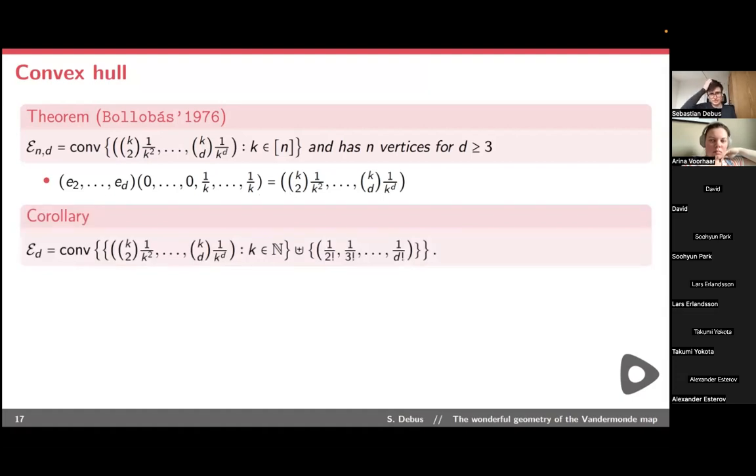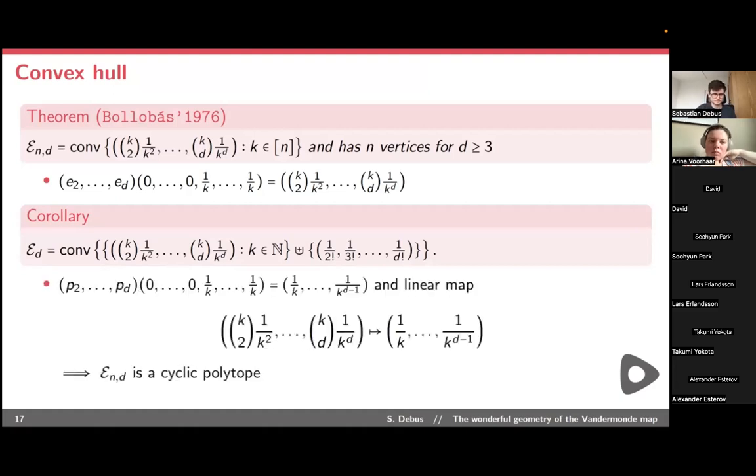And at infinity, this is then an easy corollary. You can characterize the convex hull of the image at infinity as a convex hull of countably many points. And of course, this is not a polytope, but it behaves very much like a polytope. And also later, I would be happy to discuss a little bit.